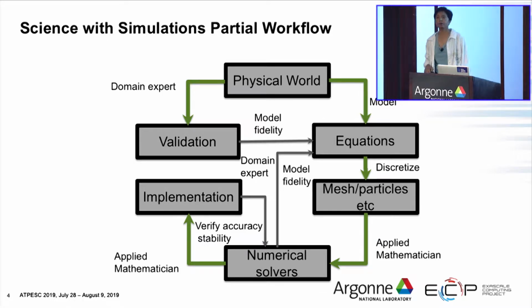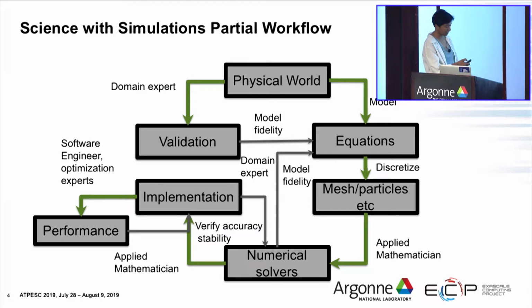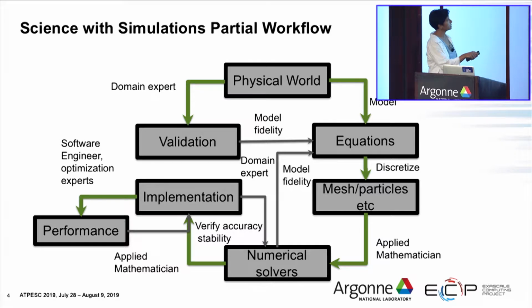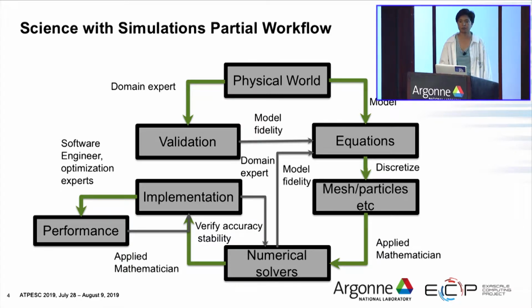But in high performance computing, the story doesn't end here. In high performance computing, it is also necessary to think about the optimization, the performance of the code on the target platform. And so we have this additional loop here which takes software engineering and optimization experts to really get the software going on the target platforms.